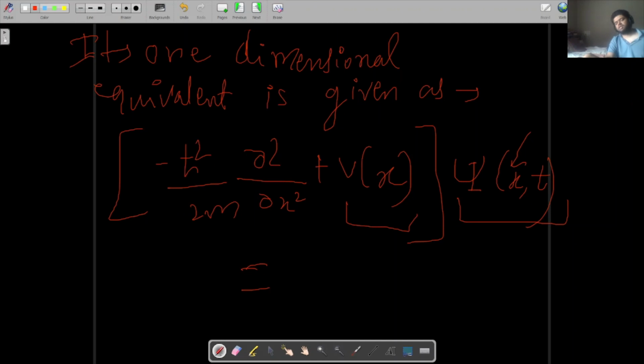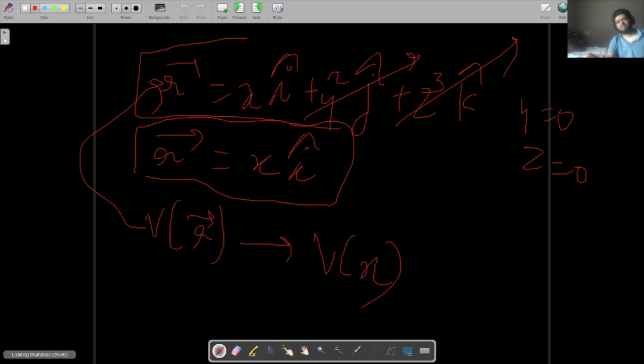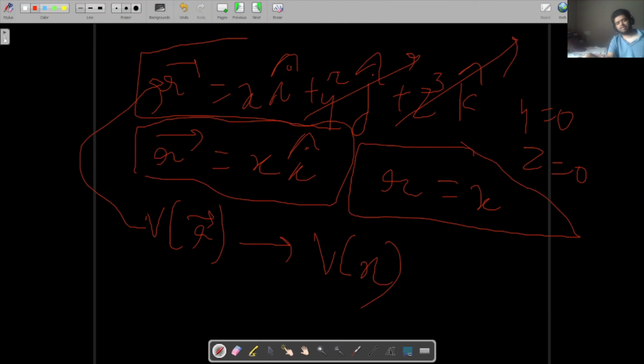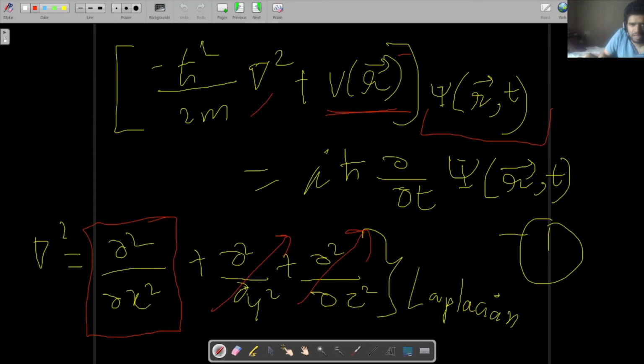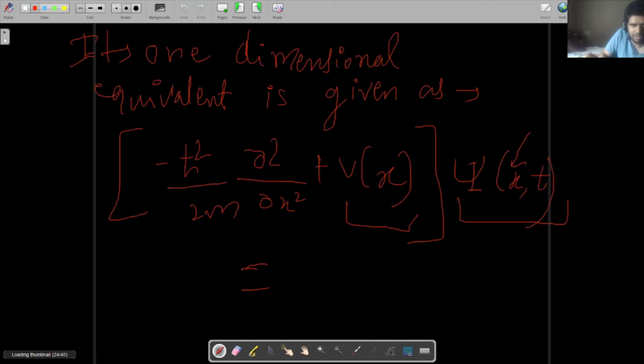You can simply write r vector equal to x i cap as r equal to x. So I can remove the vector sign and put x over here.